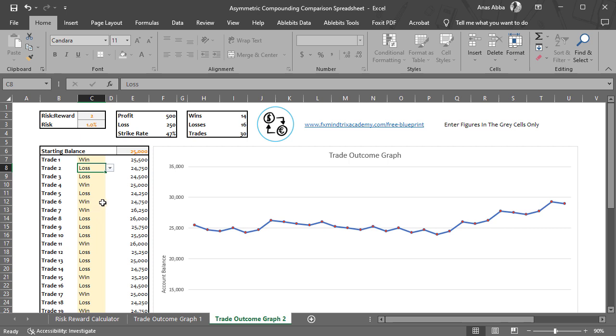Now, I want to draw your attention to this. Because this was a winning trade, you made $500, okay, because you're risking $250 to make $500. Now, on the next trade, which you're going to take, you're going to risk that $500 that you made in profit from this trade and the default risk per trade on this account, which is 1% of the starting balance, $250. So you're going to be risking $750 to make 2 times that amount.